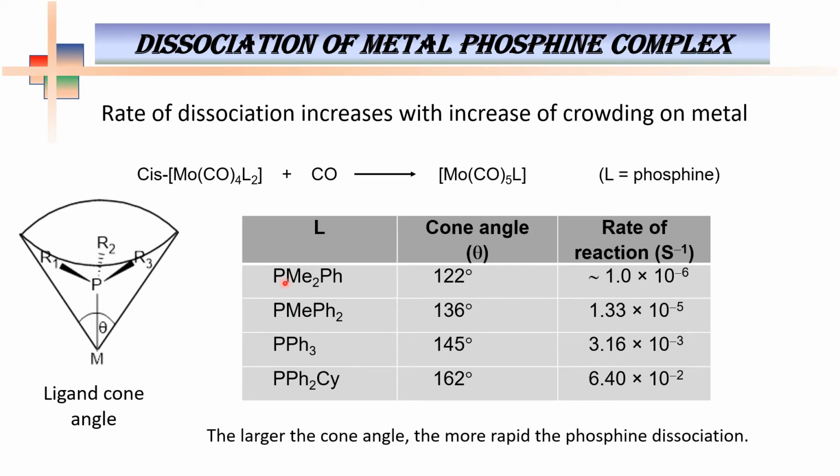For example, in this case, if we take these kinds of phosphine ligands where the two substituents are methyl, smaller, and gradually if we increase the bulkiness of the substitution, that will reflect in a gradual increase in cone angle.